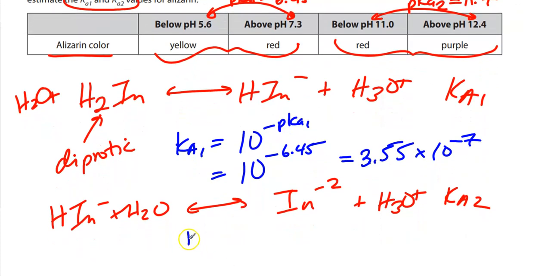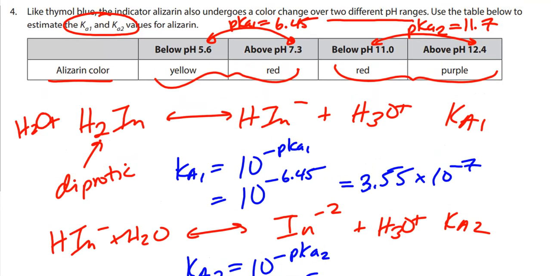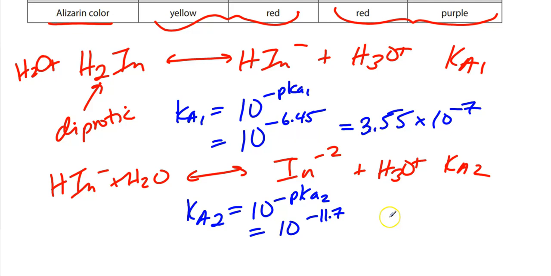And then Ka2 is 10 to the negative pKa2, which is 10 to the negative 11.7, which is 1.995 times 10 to the negative 12.